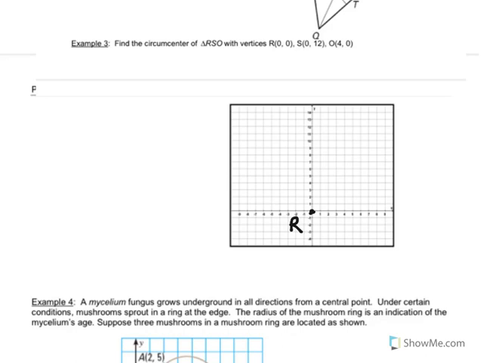So let's zip up here. Kind of hard for me to see. And that's 0, 12 is S, and then 4, 0 is O at 4, 0. So let's go ahead and draw the sides in.